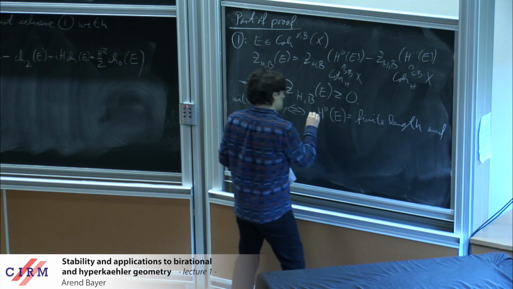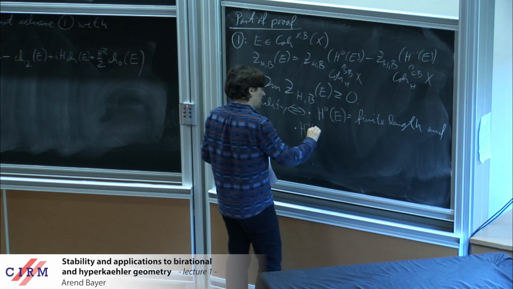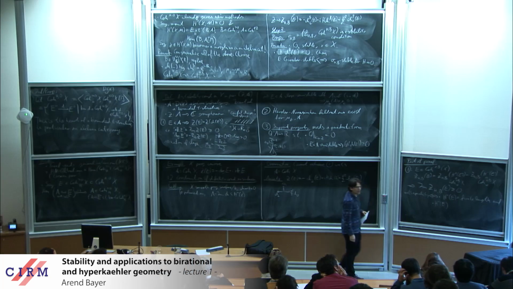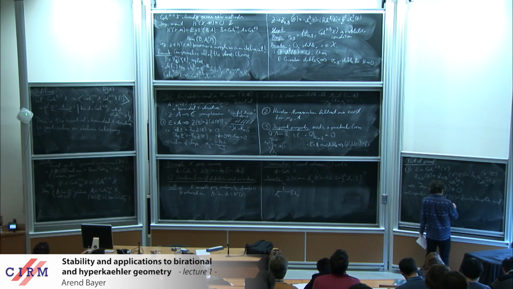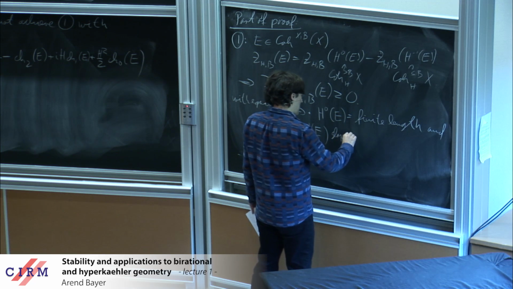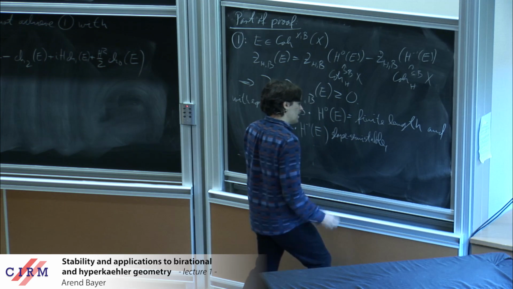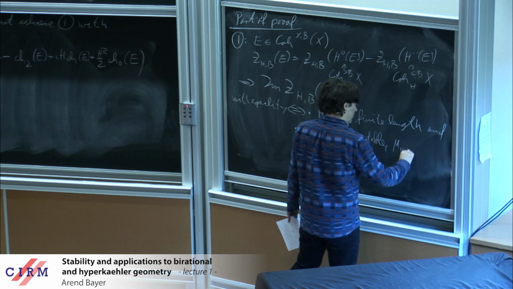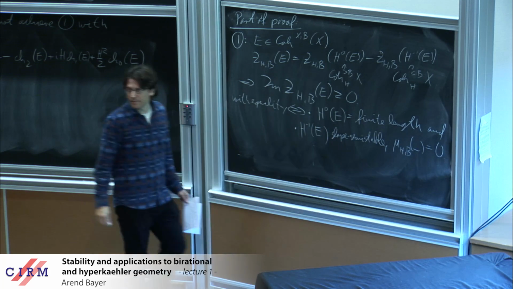And how can H^{-1} of E, which is torsion-free and has a Harder-Narasimhan filtration, not have strictly positive slope? Well, this has to be slope semi-stable with slope exactly equal to 0.